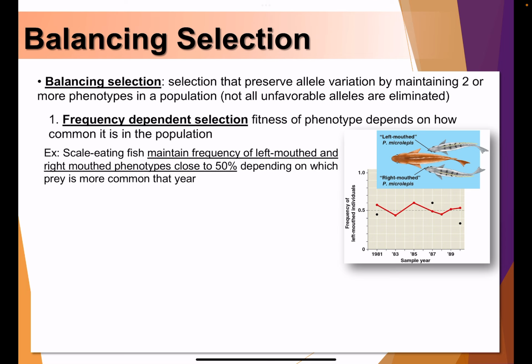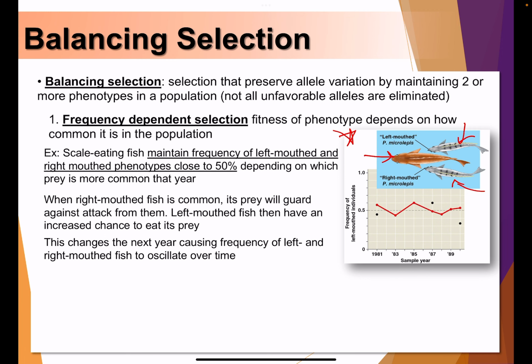So see here in this particular picture, we have these gray fishes right here, which are the scale-eating fish. And of course, they're named scale-eating fish because they literally eat the scales off their prey. So the orange one right here is their prey. When the right mouth fish is common, the prey will guard against attack from them.